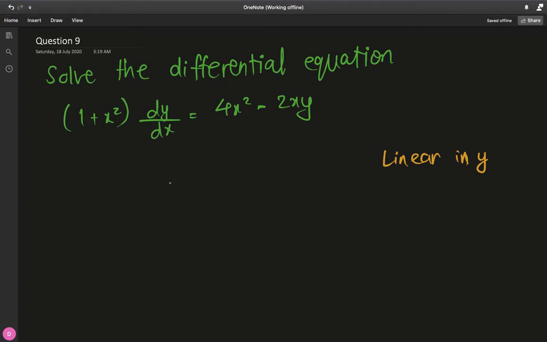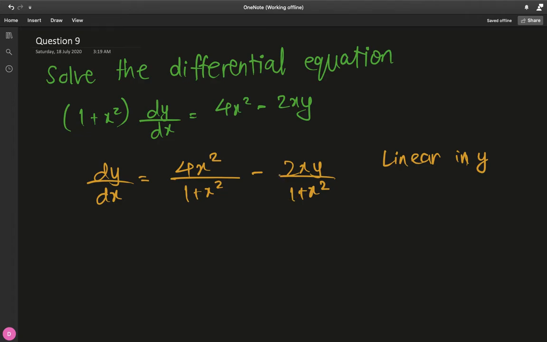To check if it's linear in y, we need to just separate the dy over dx first. So dy over dx is equal to, divide by 1 plus x squared on both sides, 4x squared divided by 1 plus x squared minus 2xy over 1 plus x squared.